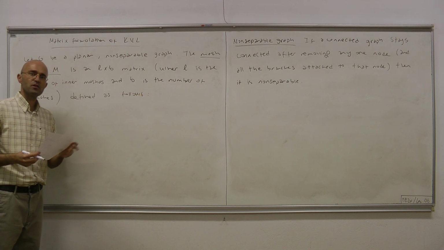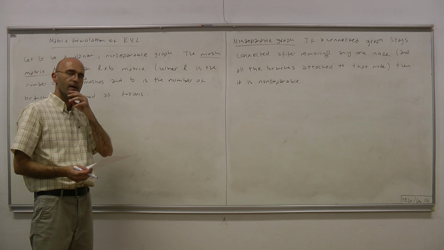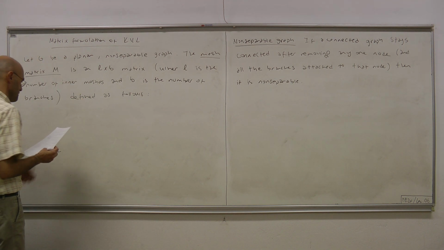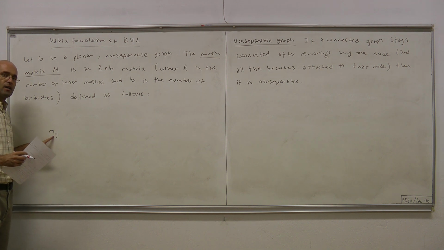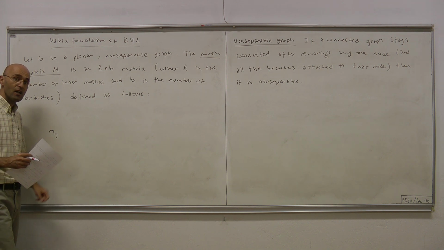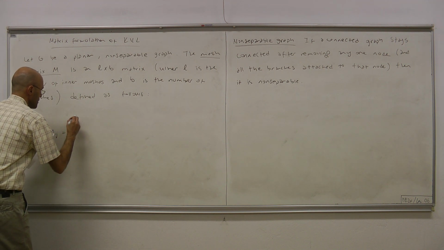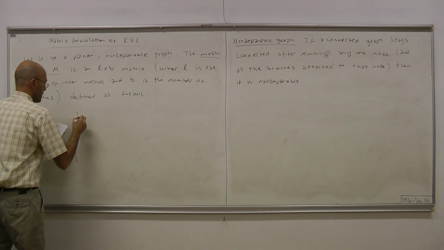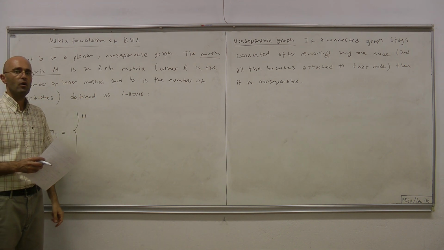And the matrix is defined as follows. Okay, its definition is, qualitatively speaking, very similar to the definition of the incidence matrix or the reduced incidence matrix. The entry in the ith row, jth column of the matrix M is defined as follows. Okay, the entries could either be +1, -1, or 0.